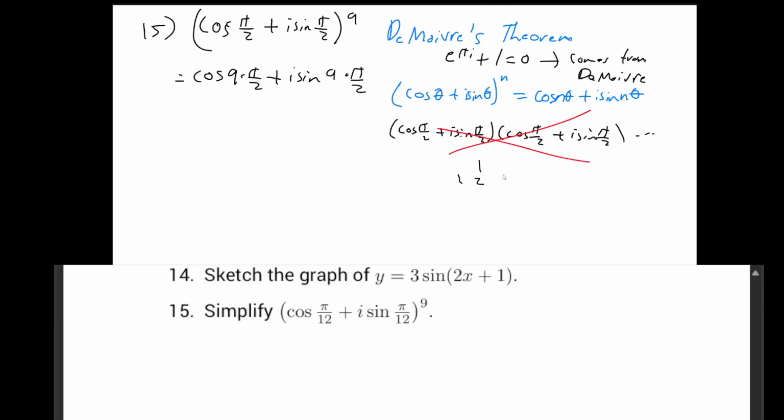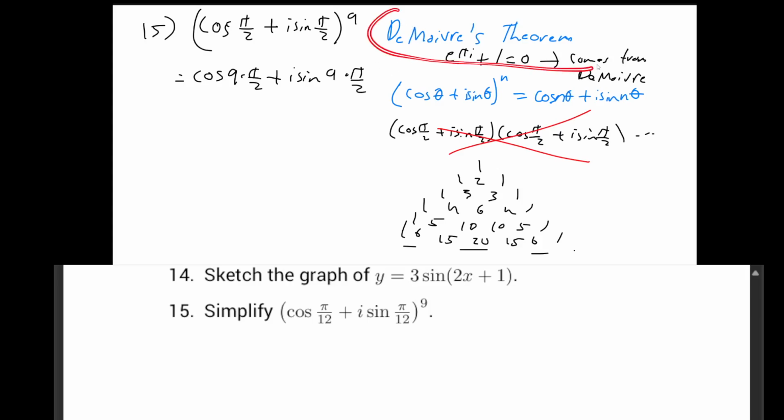Like 1, 1, 2, 1, 1, 3, 3, 1, 1, 4, 6, 4, 1, 1, 5, 10, 10, 5, 1, 1, 6, 15, 20, 15, 6, 1, dot dot dot. This is the Pascal's triangle thing that I keep talking about. Could use that, but that would still take so long. Oh my god. Just don't do that. This took like 5 seconds, knowing the coolest theorem of all time. It isn't really the coolest, but it's one of the cool ones out there.